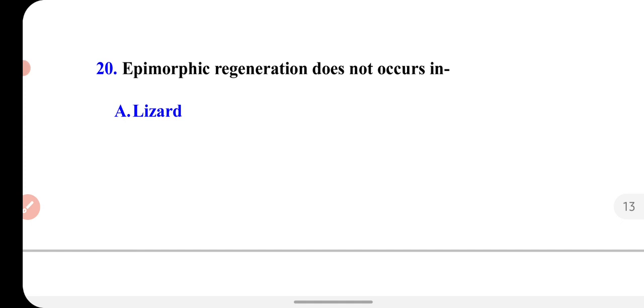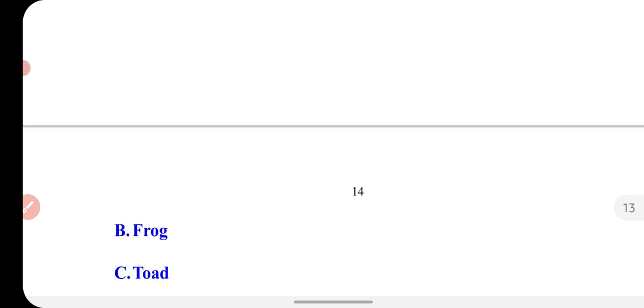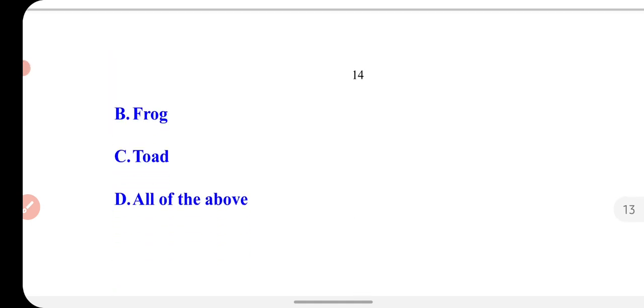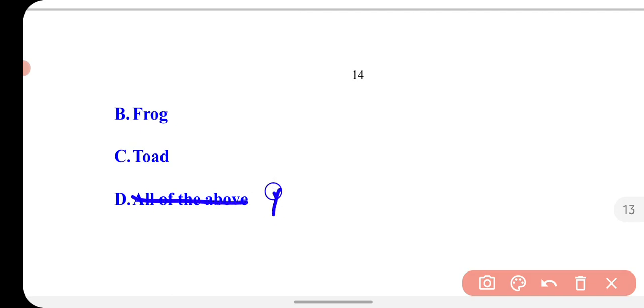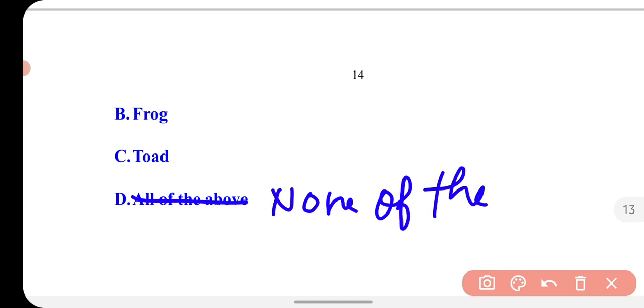So it doesn't occur in lizard, frog, toad, and the last option should be none of the above. So make a correction.